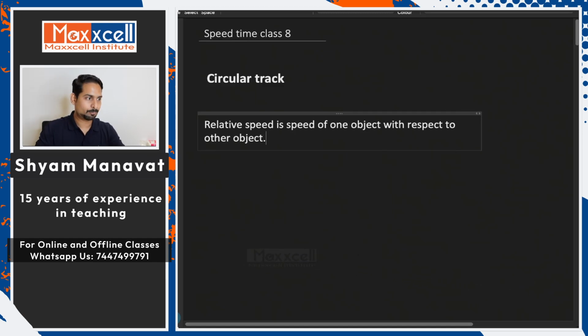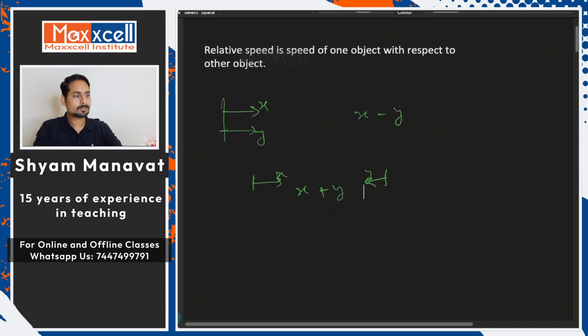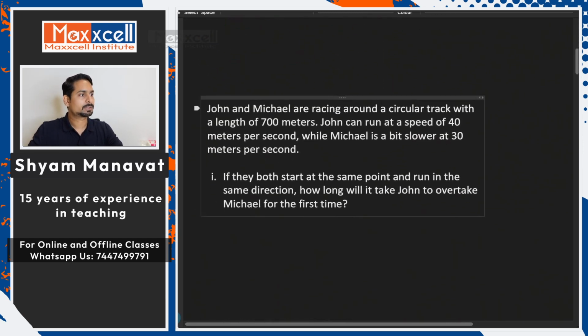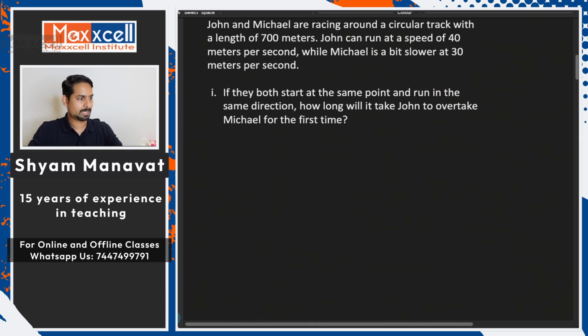When they are moving in the same direction, the relative speed will be x minus y. When they are moving in the opposite direction, the relative speed is x plus y.